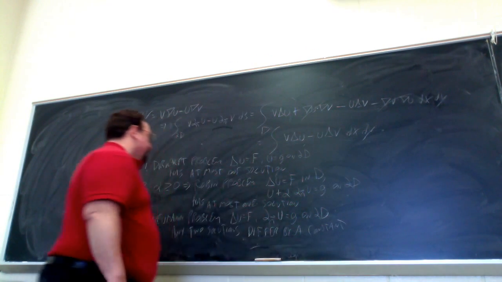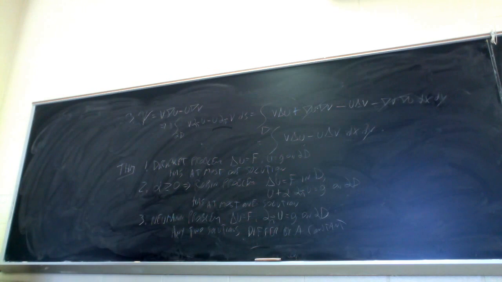Okay, so we have a weaker form of uniqueness in that case. Not a linear combination, but they differ by a constant. So in other words, their derivatives must be equal. So the derivatives of a solution of a Neumann problem are unique.